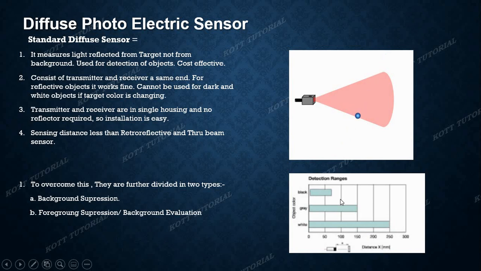They are cost effective, but they cannot detect multicolor products. So to overcome this drawback, these standard diffuse sensors are further divided into two types, that is background suppression and foreground suppression.